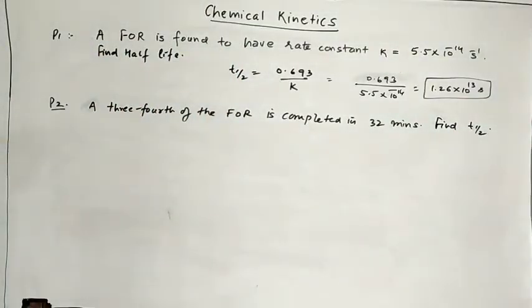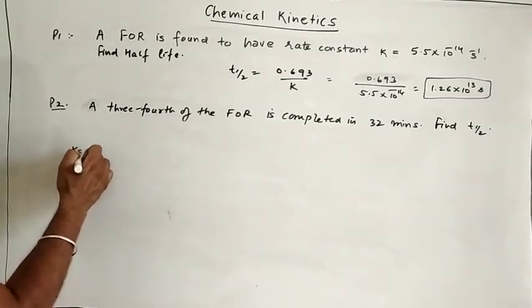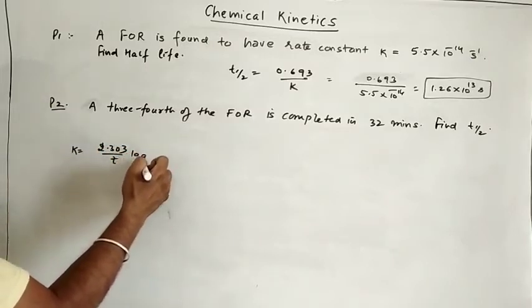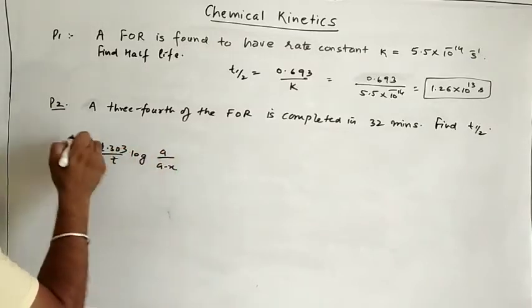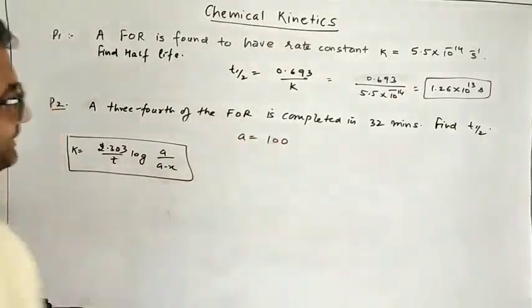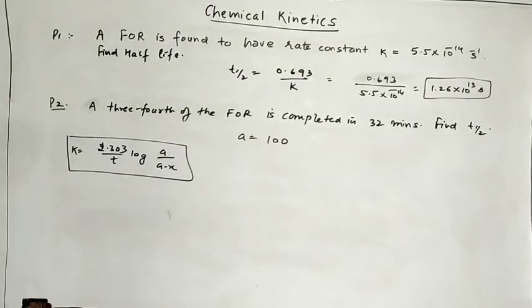So for this type of reaction, we know the rate constant is 2.303 by T log A upon A minus X. If we assume A is 100 initially, what will be your X? 3/4 of the reaction is completed, 3/4 means 75% is completed.